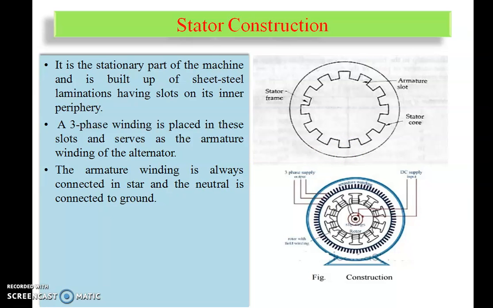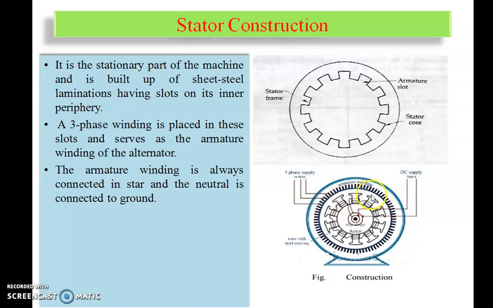And as shown in the next figure, the second figure, I have shown the salient pole rotor with the armature winding. As I stated in the last lecture, we give the DC input to the field circuit, or field winding. This field winding is connected to the rotor side, which is a salient pole rotor, and outside that we provide the armature winding.